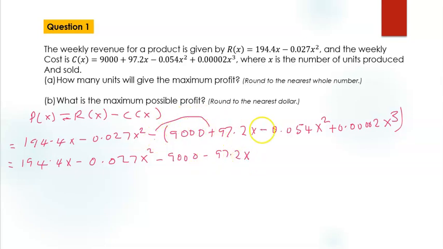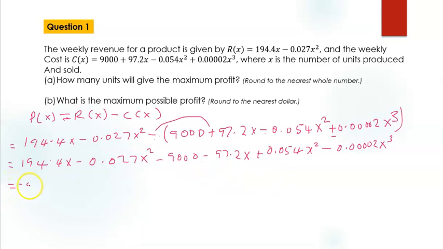Then this negative and this negative will be positive 0.054x squared, and this negative and this positive will be negative 0.00002x cubed.